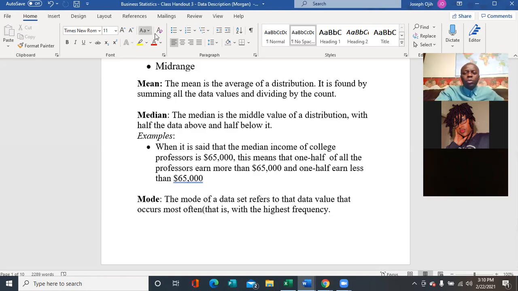Usually we use the median to describe income, because the mean can overstate income. So the median is better for describing income. For example, when we say that the median income of college professors is 65,000 a year, that means half of them make 65,000 a year or more, and the other half makes 65,000 a year or less.